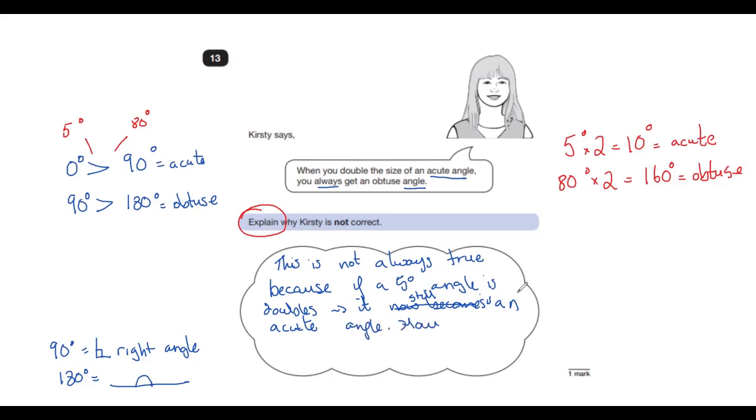However, if an 80 degrees angle is doubled, it now becomes an obtuse angle.